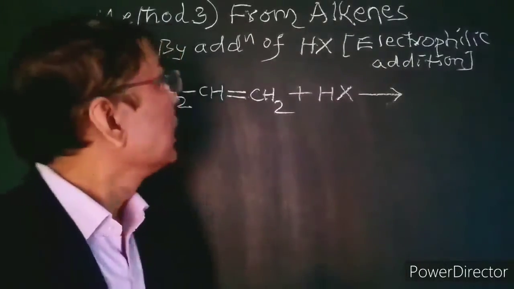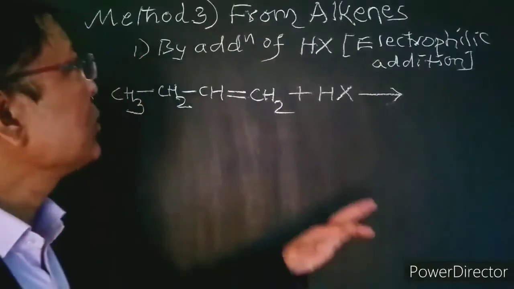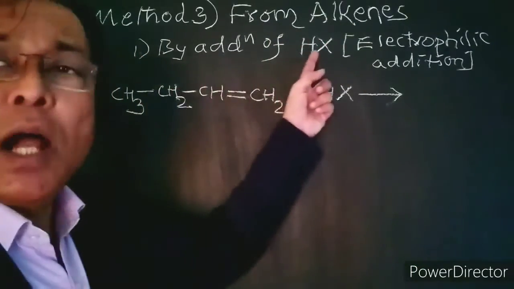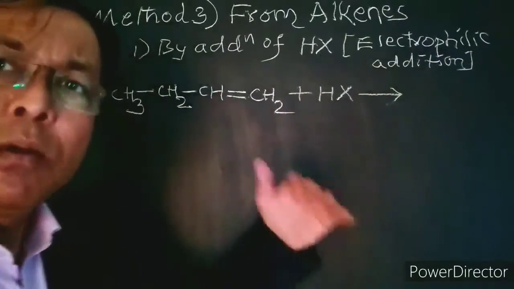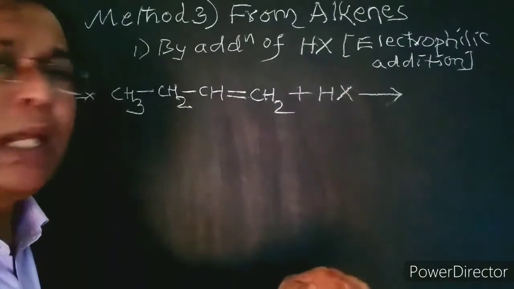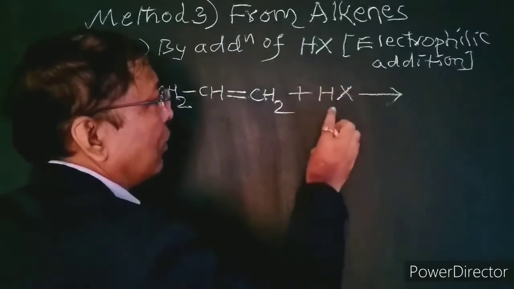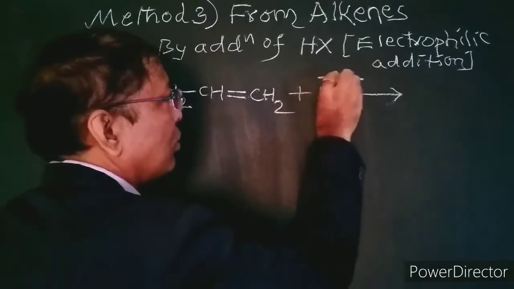Now the third method of preparation of alkyl halides is from alkenes by addition of hydrogen halide. This is an electrophilic addition reaction. What is the meaning of electrophilic addition reaction? You can understand here. Here we have used hydrogen halide. Halogen carries negative charge and hydrogen is positive.